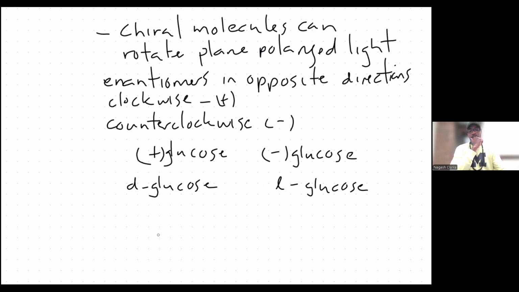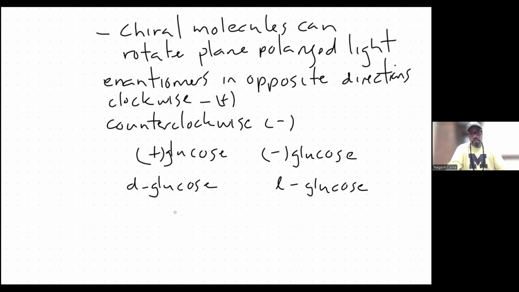Right? So they're equal but opposite rotations. So one is clockwise, one is counterclockwise. So that's how we can distinguish between enantiomers in the lab. Now in the body or in an organism, we know the D one is metabolized and the L one isn't. So we can distinguish them that way as well.